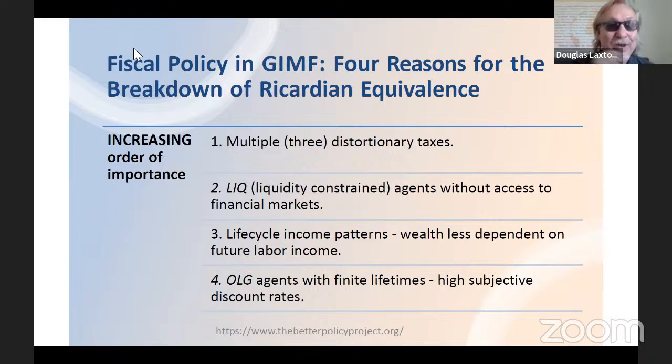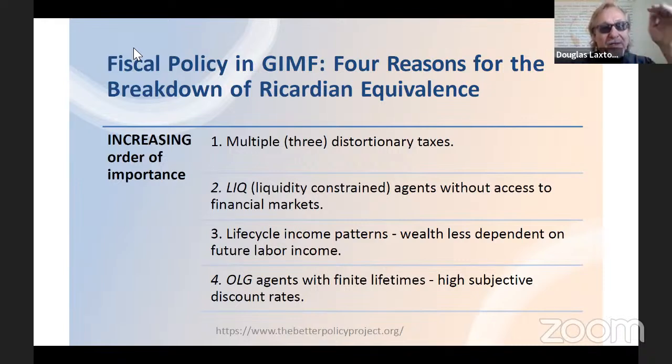Okay, so if you were a dynastic household that cared about all your future children's children, and you operated like a dynasty, you would change your saving rate one-for-one with the reduction in government saving. In other words, if the government runs a deficit, they're saving less, or spending more than they're bringing in tax revenue.